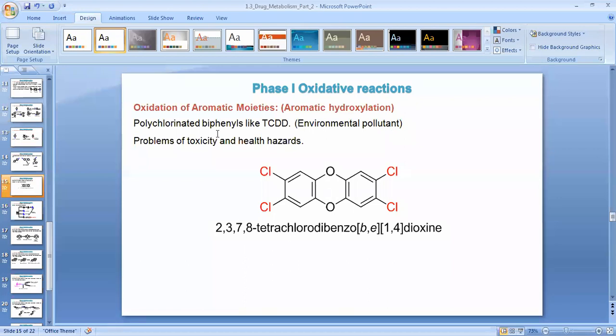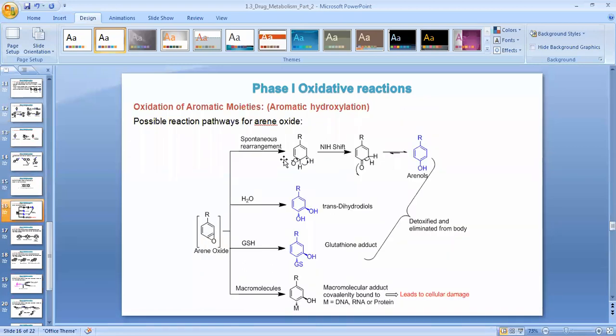That's why it creates toxicity and health hazards to living organisms. So these are the cases of types of oxidation reactions.